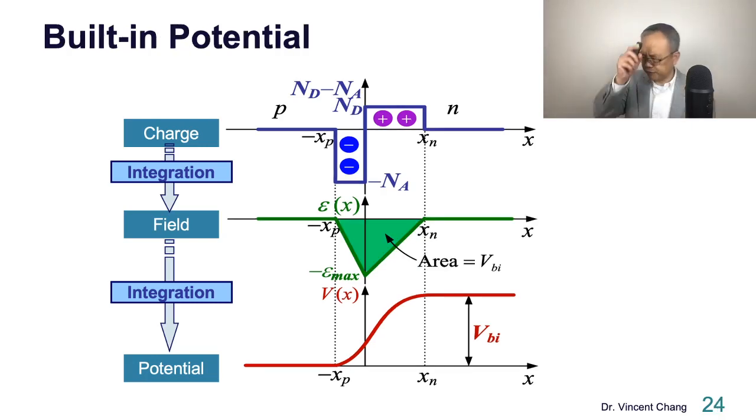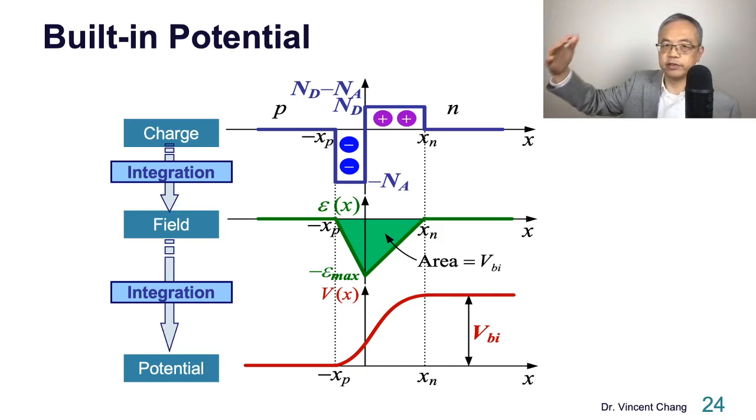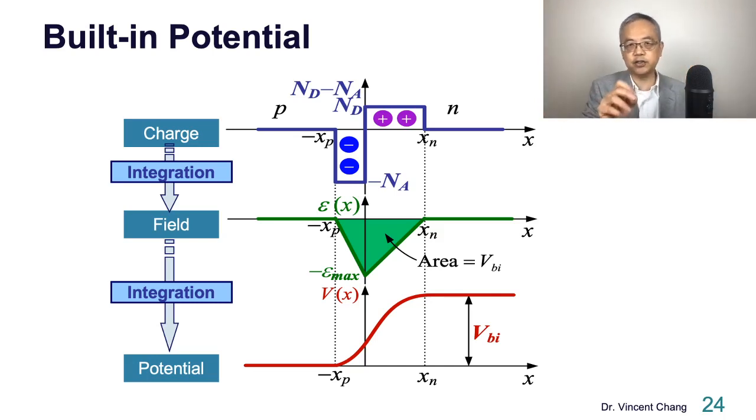So the area of the triangle represents the built-in potential. All right? So this is the key takeaway of this lecture. Make sure you understand charge, electric field distribution, and potential distribution, and the mathematical behavior: constant, linear, and second order. All right? So this is the end of the lecture. See you in the next one. Thanks for watching.